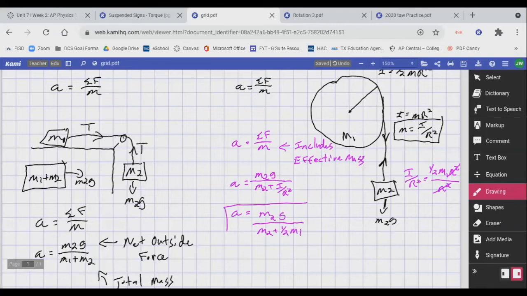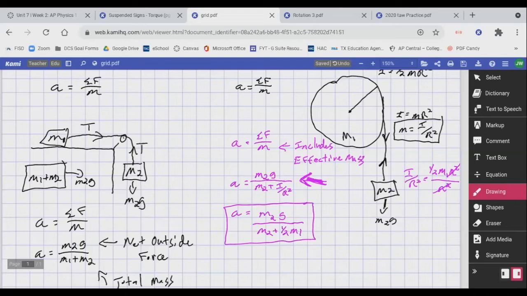Mr. Watley, yes. I got kind of confused when you wrote that second last problem where you crossed out the r squared. Where'd you get that one from? Okay, see the place where I just boxed in my answer? Look right above that. I'm going to draw an arrow for anybody that's not quite sure. Right here, we're saying that the total external force on this system is simply M2G.